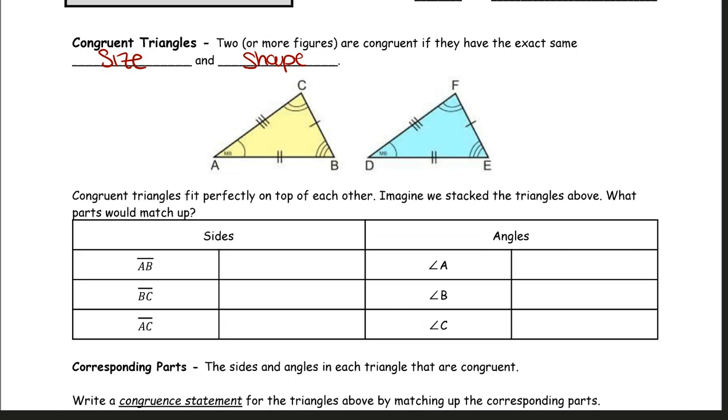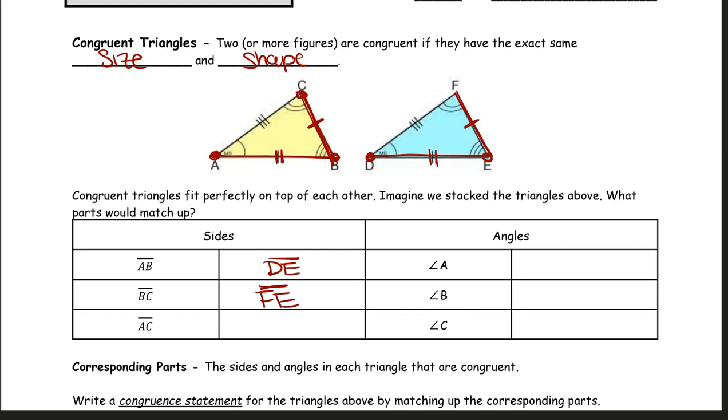So, for example, if I look at side AB in this triangle, side AB is congruent to side DE. And then if I look at side BC, that's congruent to side FE.